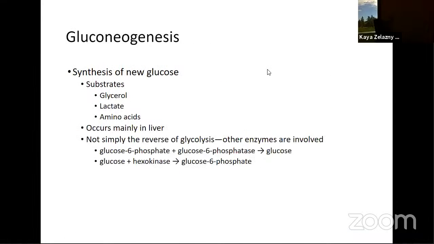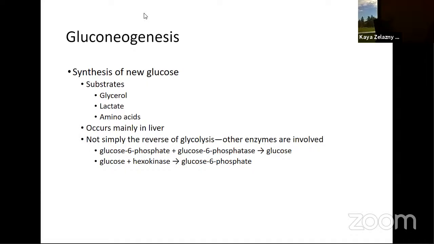The other neat thing about glucose storage is that we're going to be able to create new glucose sometimes. And on a separate slide, we're going to break down a couple of really similar terms because we have a lot of words that start with gluco here, and I don't want us to get confused.